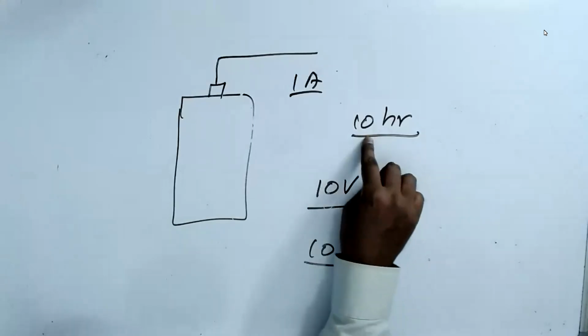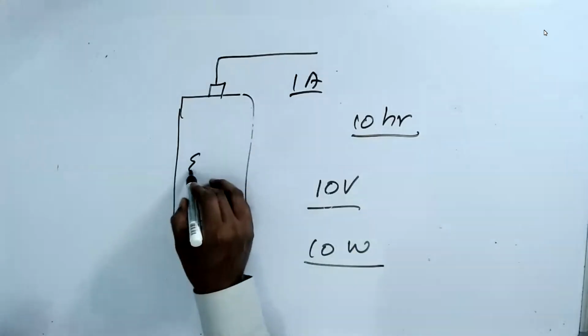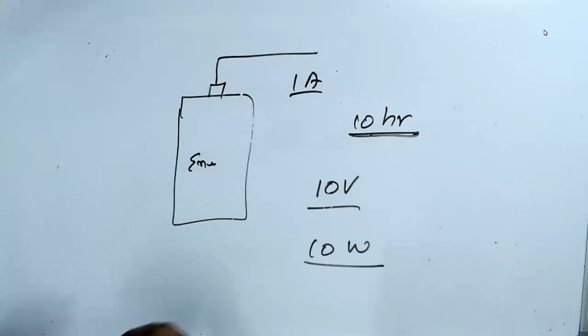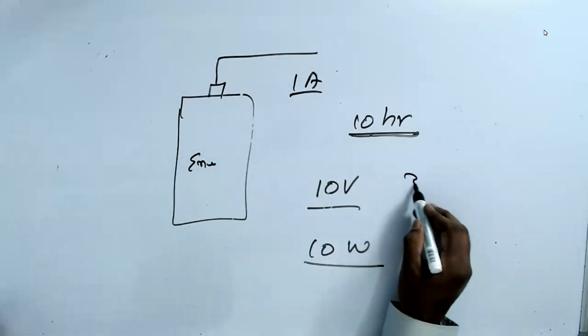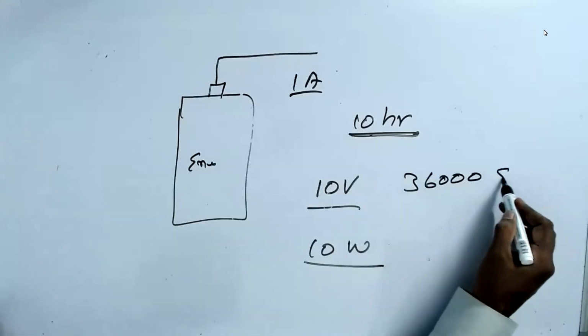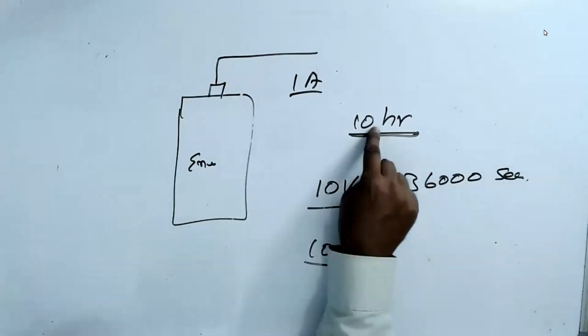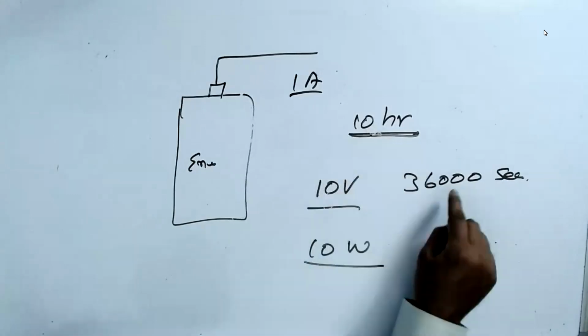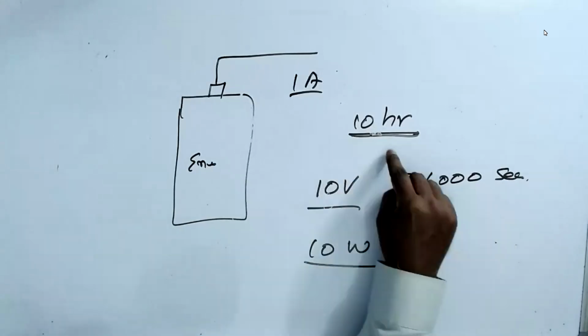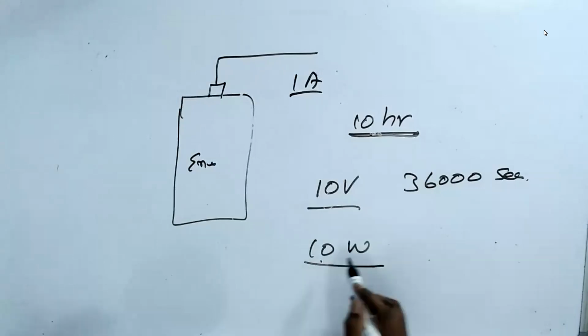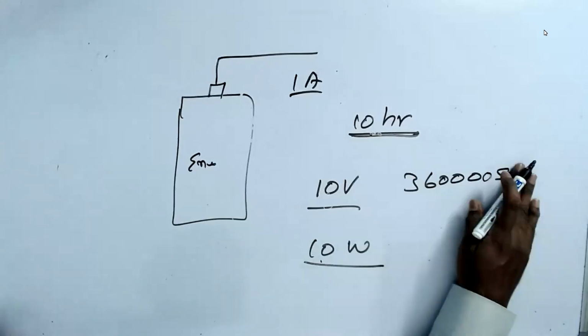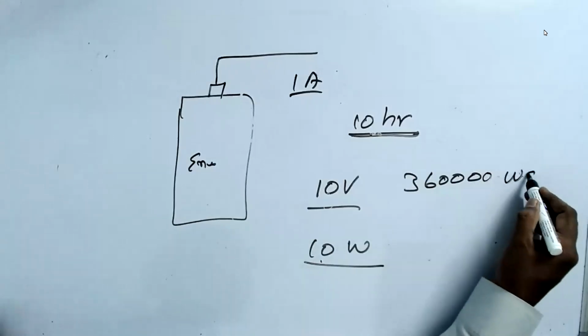Then the battery has charge energy for 10 hours. That means 3,600 seconds. I'm converting the hour to seconds. 1 hour is equal to 3,600 seconds, into 10 watts. So that many watt seconds.